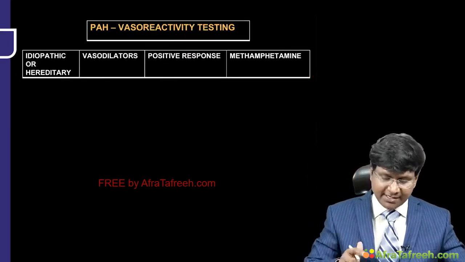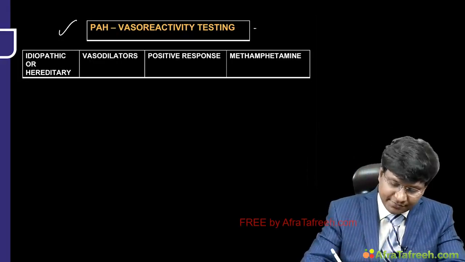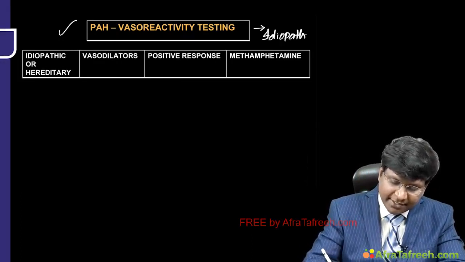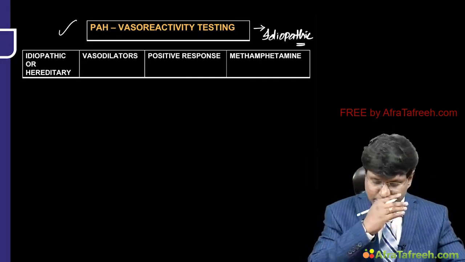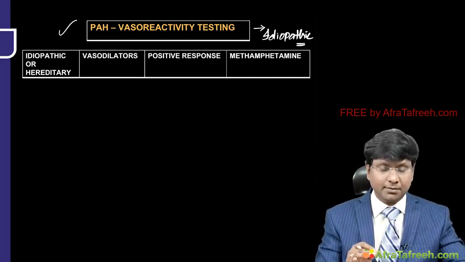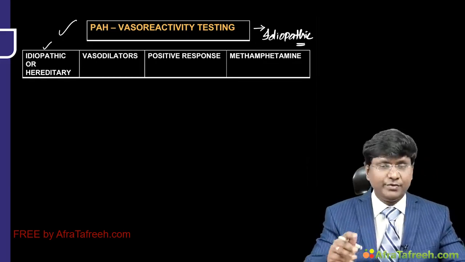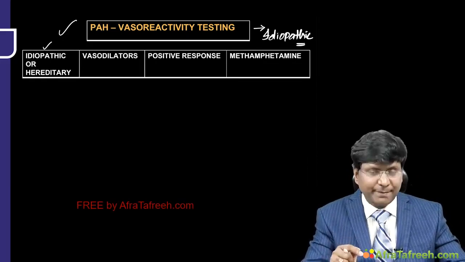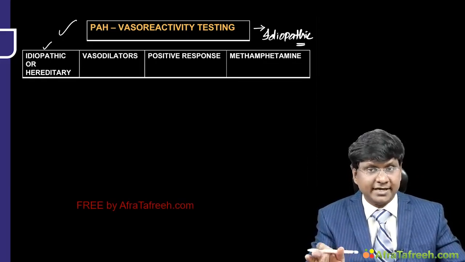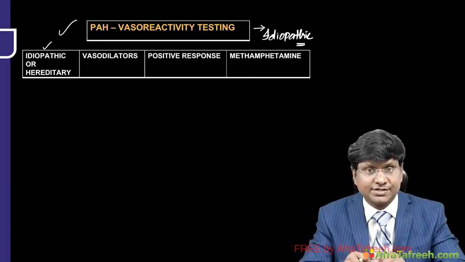Then another important investigation is vasoreactivity testing. Vasoreactivity testing is mainly done for idiopathic pulmonary arterial hypertension, right? So for idiopathic or hereditary causes of pulmonary hypertension, you need to do vasoreactivity testing. And with the help of which substances do you do this testing?